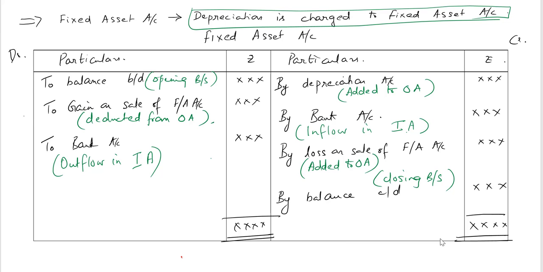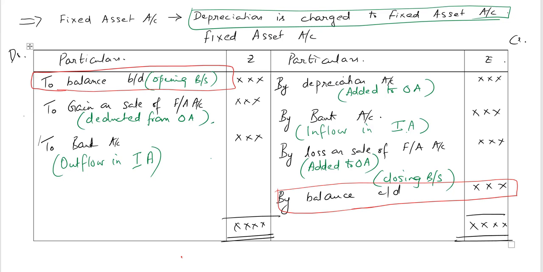One more very important thing that we should note is, in this method, the balance brought down as well as the balance carried down, both the opening balance of fixed asset as well as the closing balance of fixed asset, are in book value, not the original cost.